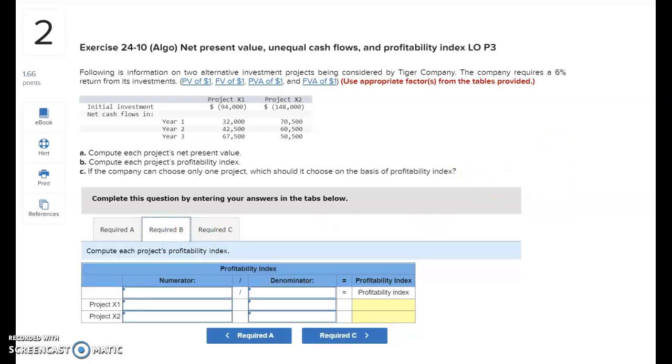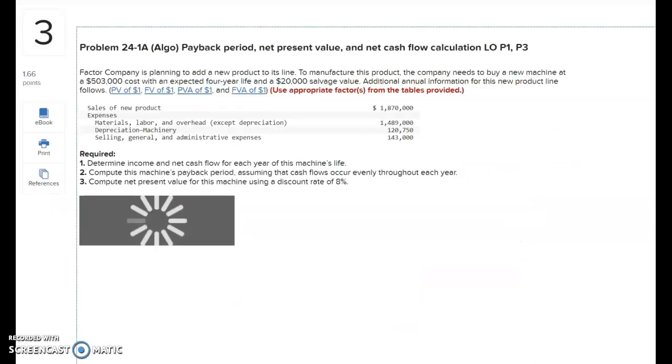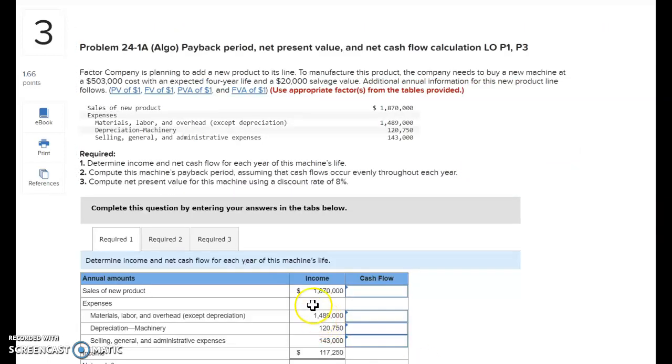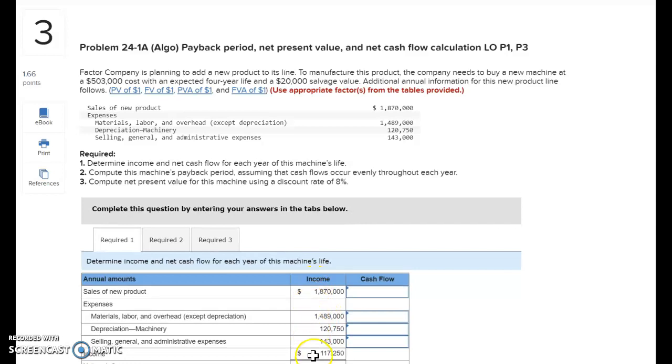Then the next problem, problem 3, you're going to start off by computing the cash flow. So they've given you the income, and it's going to be the same every year. So we're going to have an even cash flow on this one. If you look on the bottom of page 396, Exhibit 24.3 is showing you how to go from income to the cash flow, right?